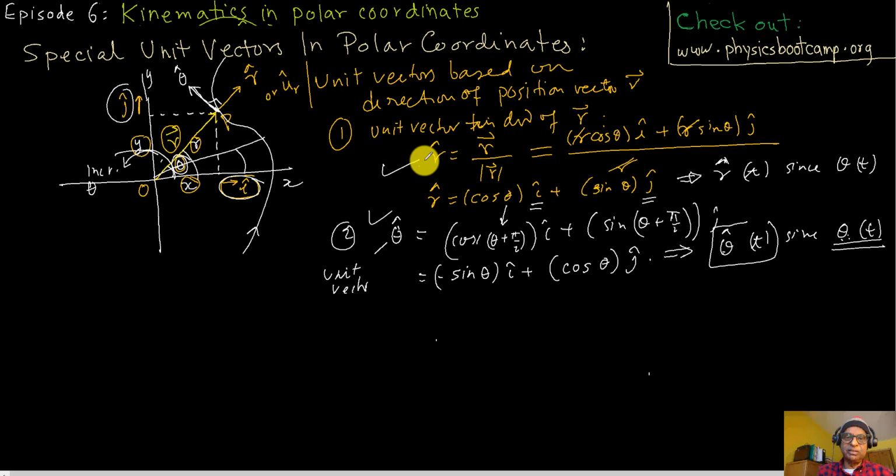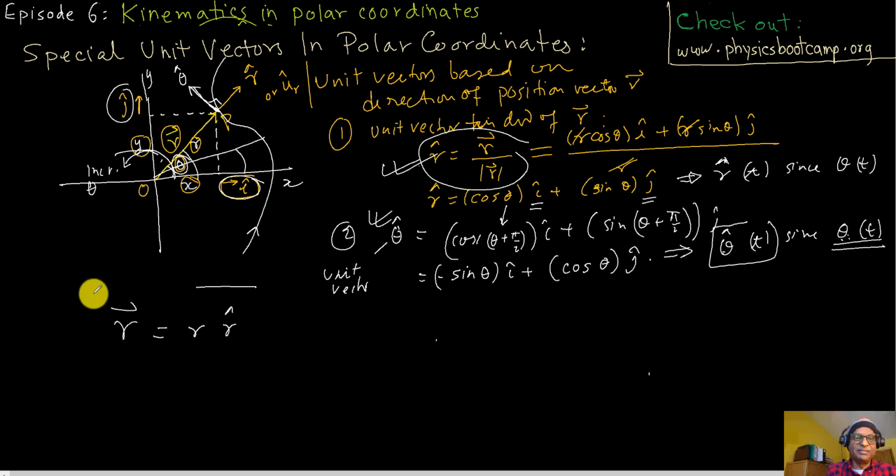Using these vectors, that's pretty interesting. You will see right away that if I want r, right from here, I already know this very simple expression: r hat. This is because the denominator is just the radial distance r, right?